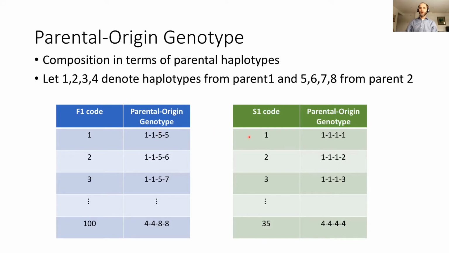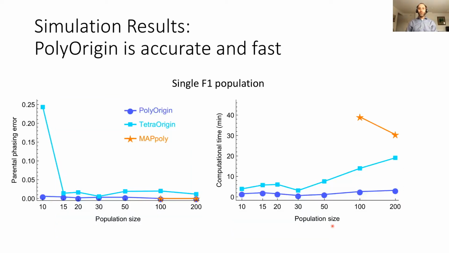And if you're talking about an S1 population, then there are 35 possible parental origin genotypes, and you can see they vary from having 4 doses of haplotype 1 and go on from there. For each one of these parental origin genotypes, there's a certain probability for every individual and for every marker. Okay, so that's a bit about the way the software works and how it represents things internally.